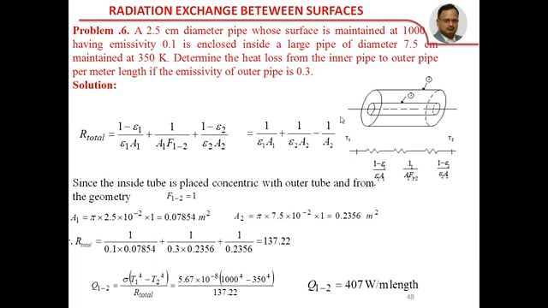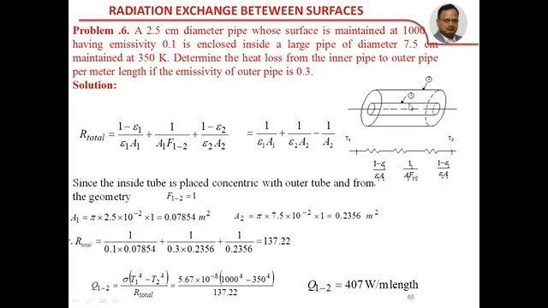See, in all these cases, whenever there are two bodies, simple network, one surface resistance, between the two bodies a shape resistance, and third one a surface resistance. Suppose the second body is given as black body, what will happen? Epsilon 2 you will put 1. So it becomes 0. You will have only 2 resistances.